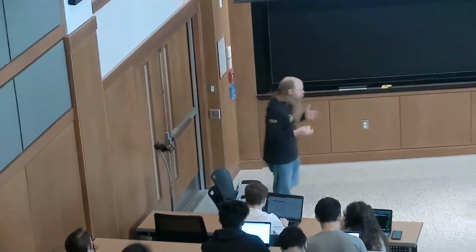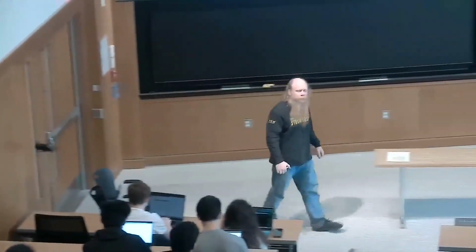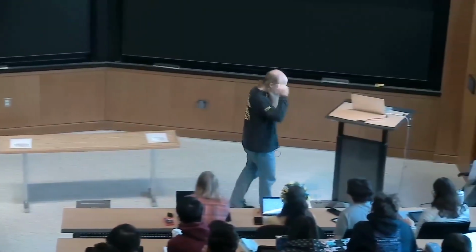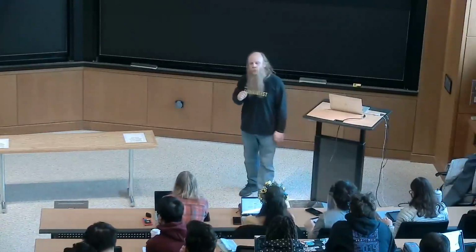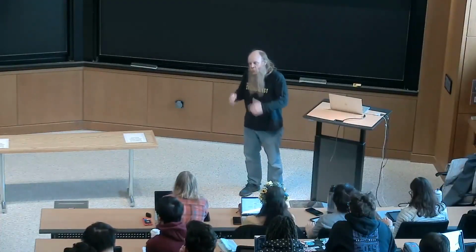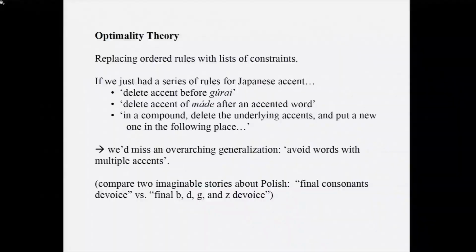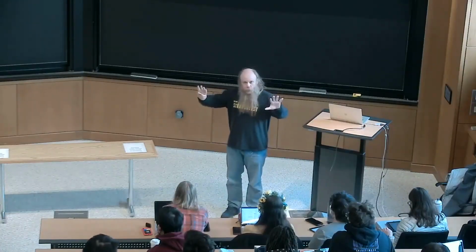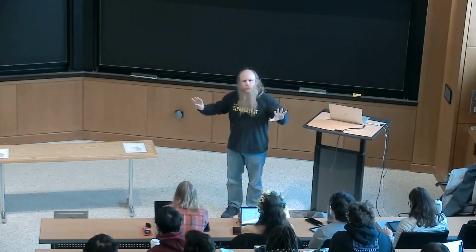That allows us to capture various kinds of facts about what happens to Polish words when they become plural, namely that consonants that sound voiceless when they're at the ends of words become voiced sometimes when they're no longer at the end of words. We decided that's because they're underlyingly voiced, and they devoice when they're at the ends of words. So this is all kind of familiar. You all remember Polish. It's not just Polish. There are lots of languages that do this.